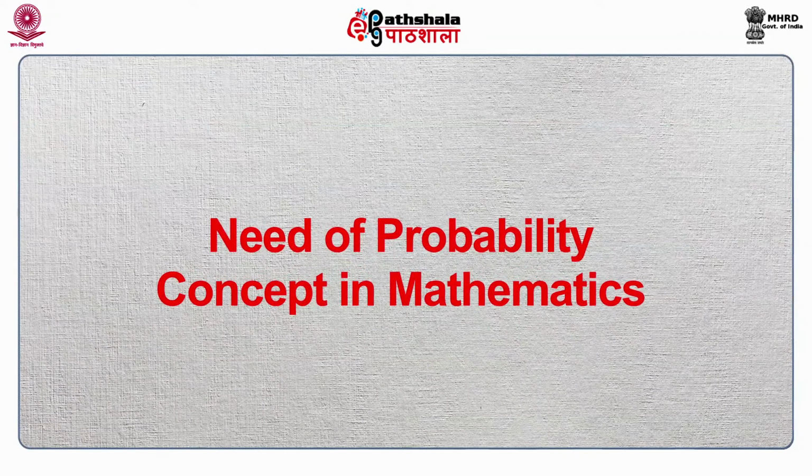Next we have the need of probability concepts in mathematics. Probability can be represented numerically with a number between 0 and 1, with 0 representing the impossibility of something specific taking place and 1 representing the certainty of an event taking place.